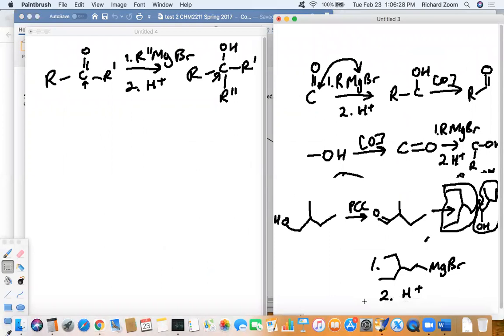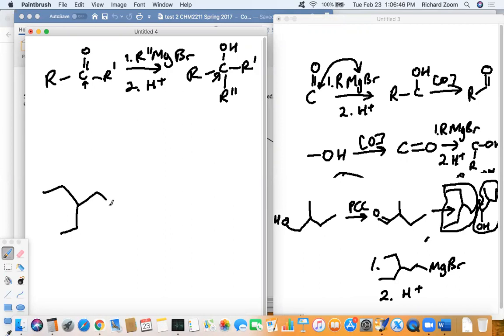So the second one, how did you find it? I can see where the C is bonded to OH. Let me expand this out a bit, Miriam. This is the same diagram. I'm just drawing it bigger, okay?